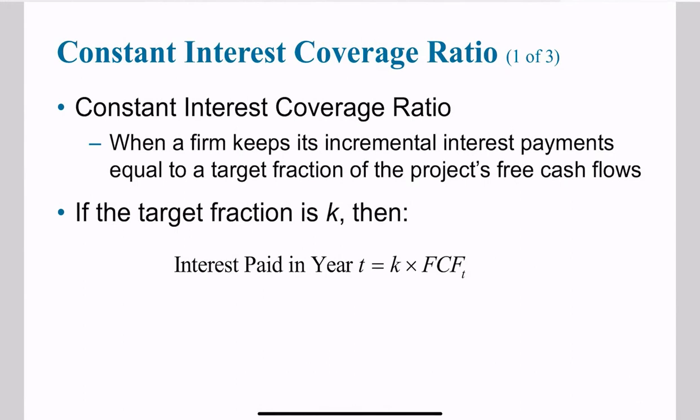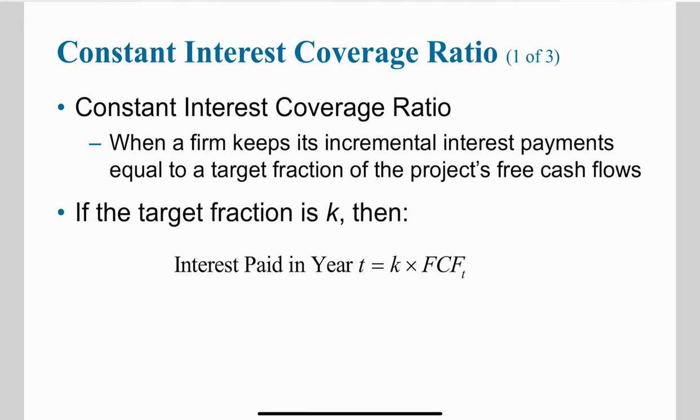So basically, constant interest coverage ratio means the interest coverage is constant. That is, the firm always keeps its interest payment equal to a target percentage of the project's free cash flows.